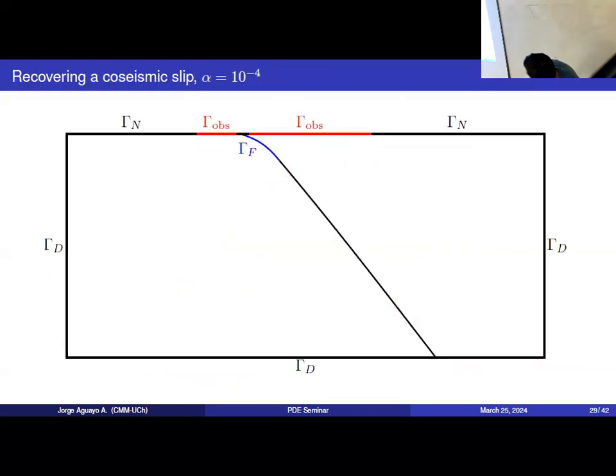For example, here we're obtaining just punctual measurements from the displacement, and we reconstructed using, for example, interpolation. Did you solve the first? Yes, for this case we solved the direct problem, and we used the solution of the direct problem as a way to obtain the observations.